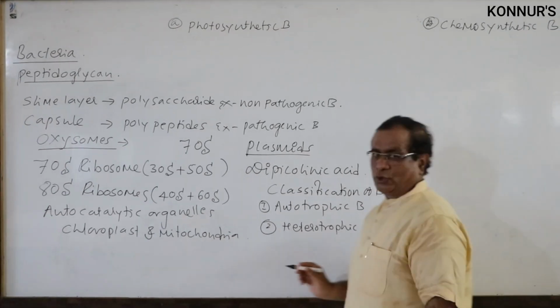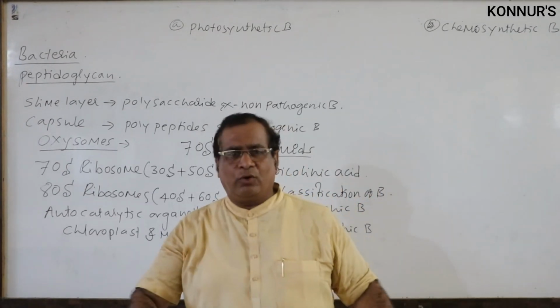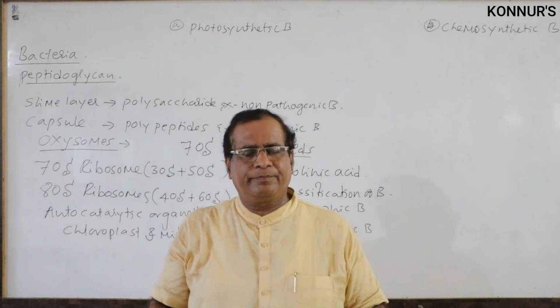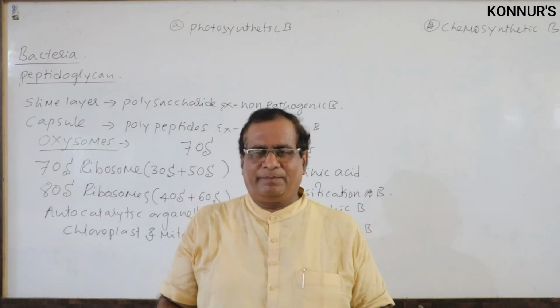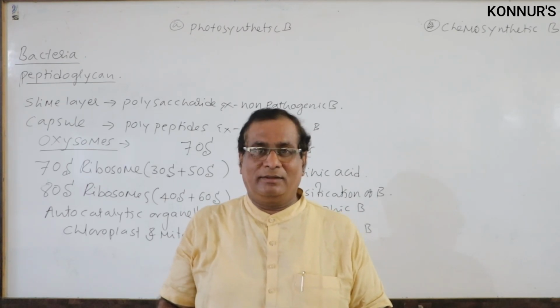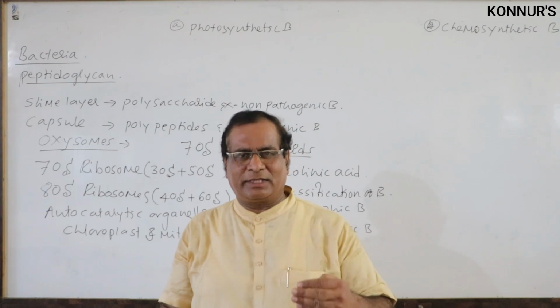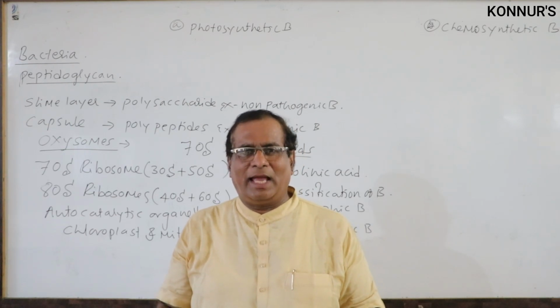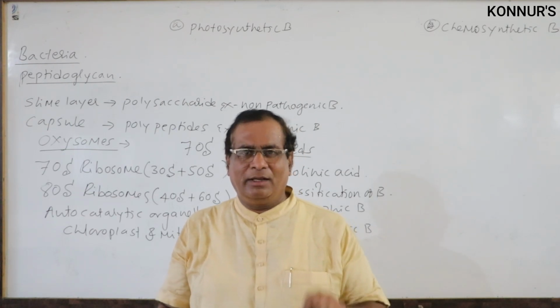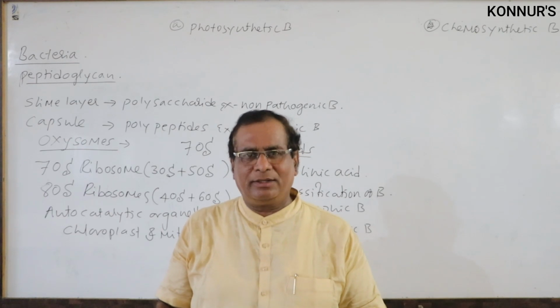They come under autotrophic. Photosynthetic bacteria synthesize glucose, but the raw materials used for the synthesis of glucose by the bacteria are H2S and CO2 instead of H2O and CO2.